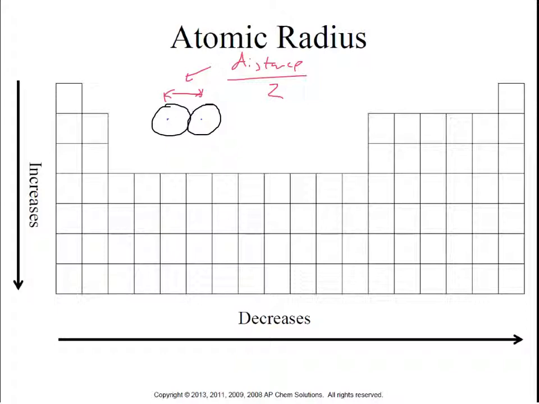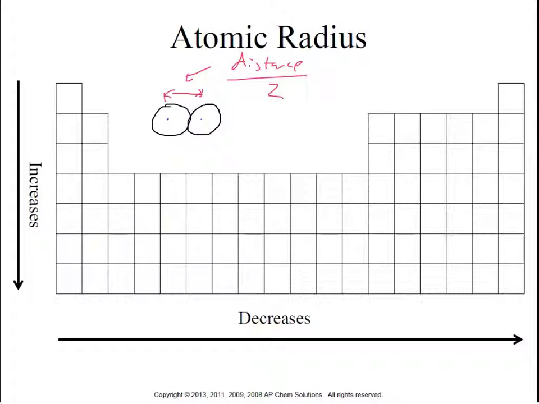And if we look at the trend indicated over here on the side, the atomic radius, so the distance between those two right there, will increase as you go down, and it will decrease as you go over. All right, this might be a little bit counterintuitive. Remember, as you go over, the number of electrons and protons gets larger, but yet the atomic radius decreases.